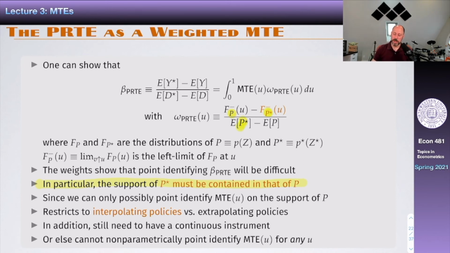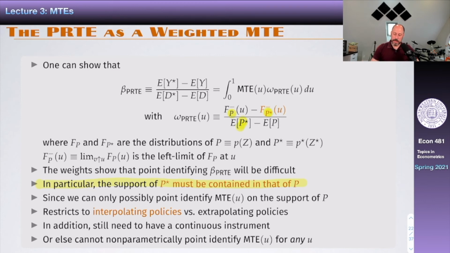Well, you won't be able to do that unless you make some extrapolation assumptions, because all that you can identify, remember, is the marginal treatment effect for values that are in the support of P. So suppose that again you have a propensity score that takes value from 0.2 to 0.8 and it's just linear. You can evaluate policies that have a different shape that are linear in the other way or flatter or whatever, but always between 0.2 and 0.8. And you won't be able to say much about 0.8 to 1, unless you use some extrapolation that we can see later.